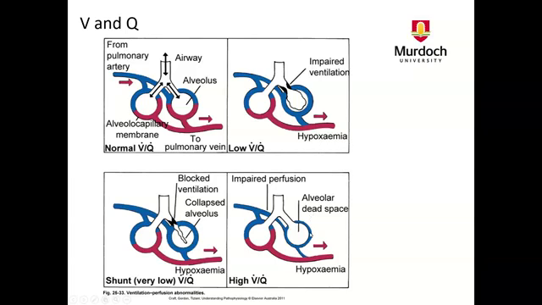We could also have another scenario. So we could have problems with our perfusion. So that means the alveolus is working fine, getting the air in, but we don't have any blood flow to that particular alveolus. And that could be caused, for example, by a blood clot. So you might have heard of pulmonary embolus, where a clot is stuck in the lung.